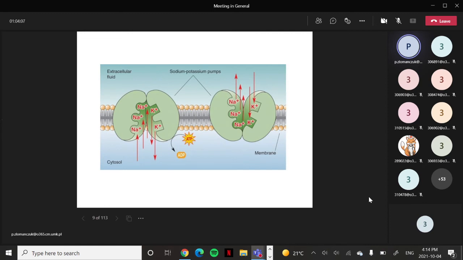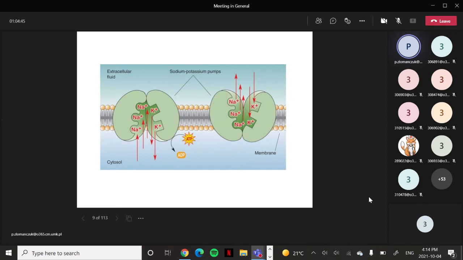Inversely, potassium ions are transported into the cell every time there is a turn of the pump. So the level of potassium inside of the cell is increased, and the concentration of potassium inside of the cell is higher than outside of the cell, in extracellular fluid. These are the two very important consequences of the pump's work.